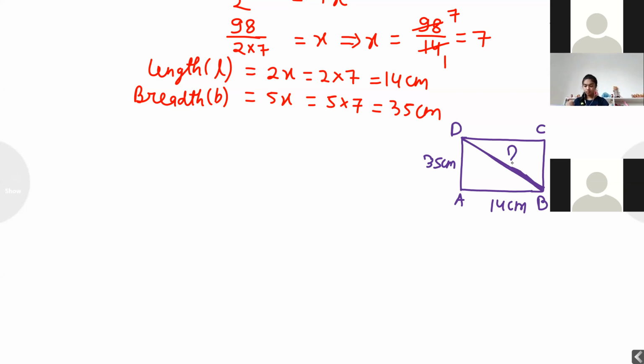How to find diagonal? By using Pythagoras theorem, we can find out diagonal. What is Pythagoras theorem? Hypotenuse square is equal to base square plus perpendicular square. Base is 14, perpendicular is 35. 14 square plus 35 square. After solving this, we can get diagonal BD or AC.